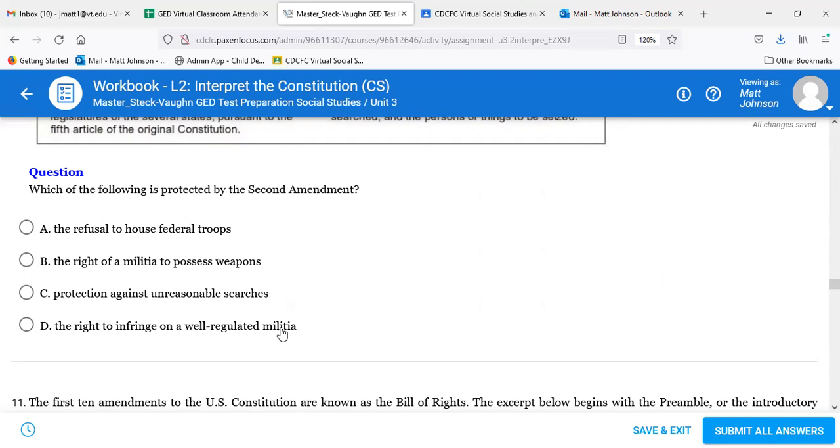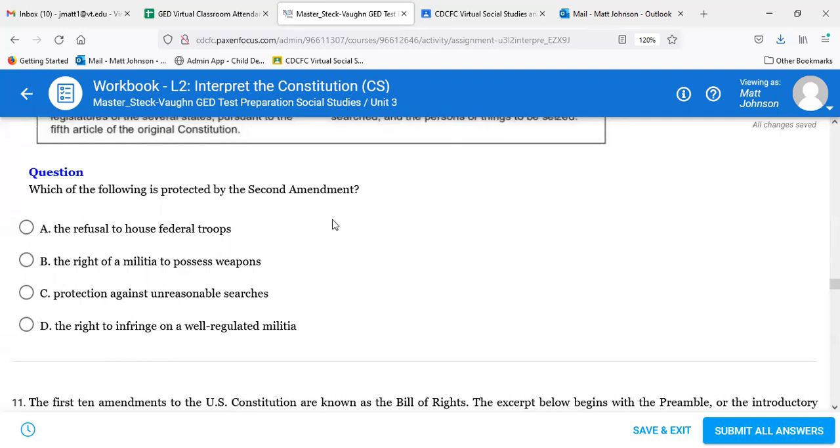Which of the following is protected by the Second Amendment? A, the refusal to house federal troops. B, the right of a militia to possess weapons. C, protection against unreasonable searches. D, the right to infringe on a well-regulated militia. B. Yep.